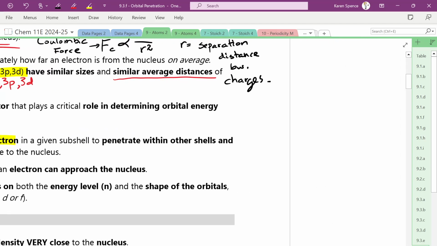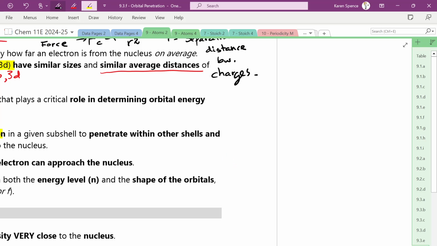You remember how we had the p orbital is like this? Yeah? S orbitals are like that. Do you see how this is kind of getting in closer? It's getting in between these electrons and the nucleus, which would be right here.